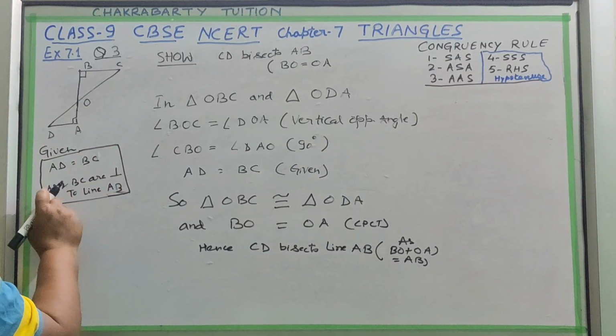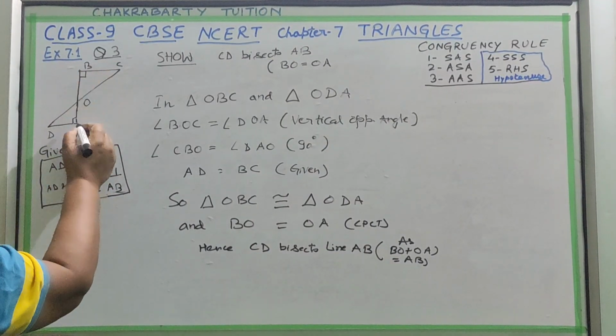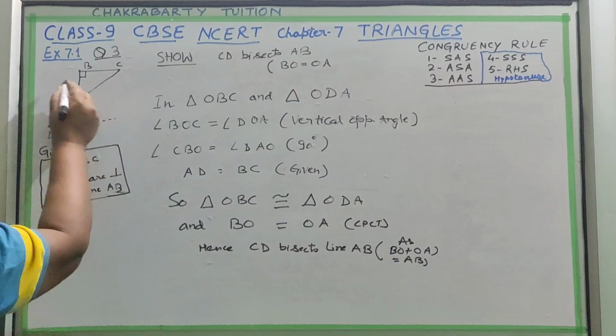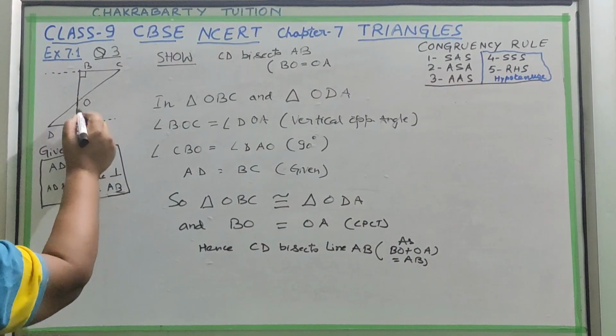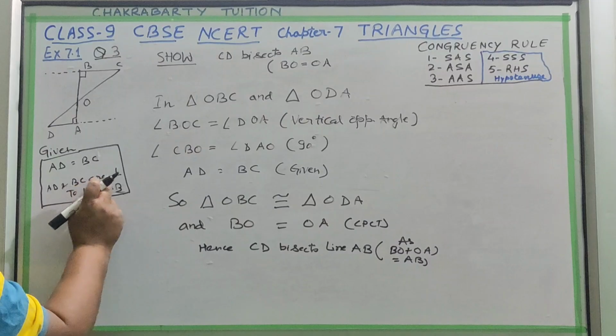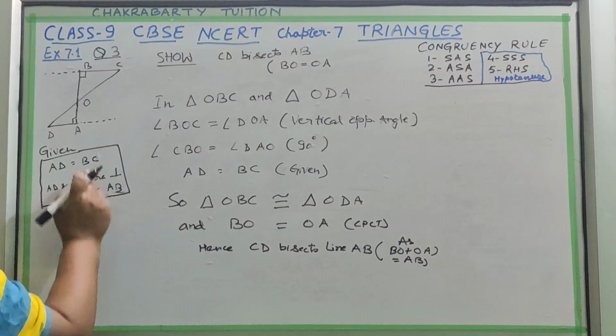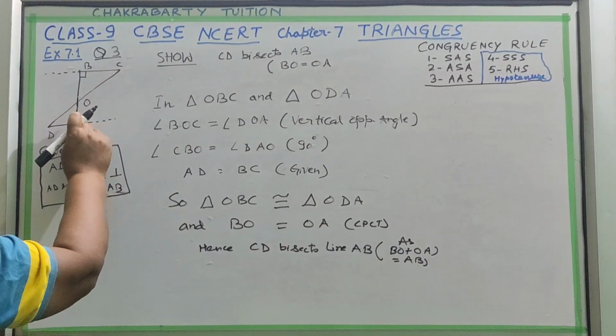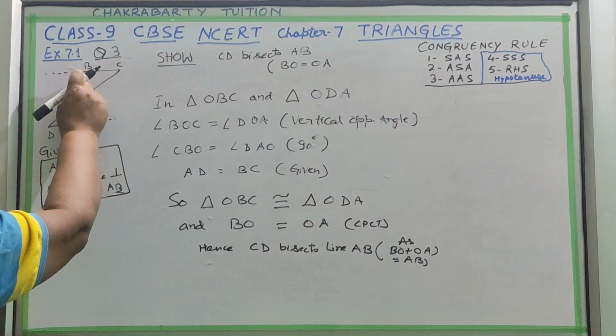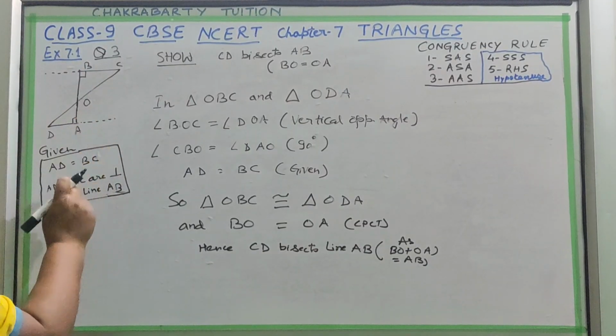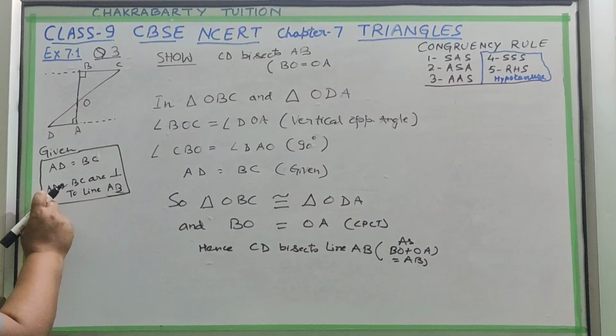Suppose it is a line. So what they are writing: AD and BC are perpendicular to line AB. This is line AB. CB is perpendicular and AD is also perpendicular.